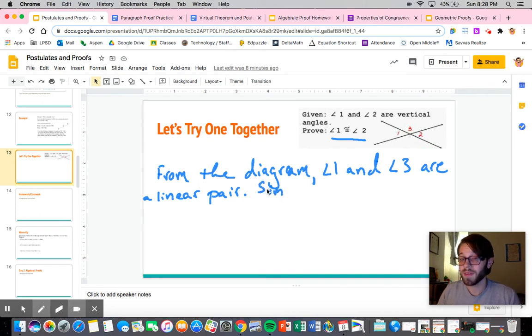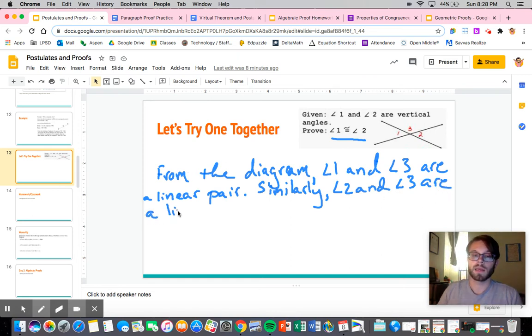And I'm going to do another little shortcut here. As opposed to me writing "from the diagram, 2 and 3 are a linear pair" again, I'm just going to say "similarly," right? I'm saying by the same reasoning, essentially, when I use that. Similarly, angle 2 and angle 3 are a linear pair.